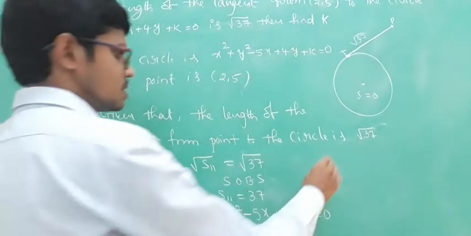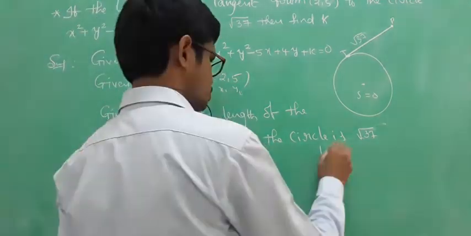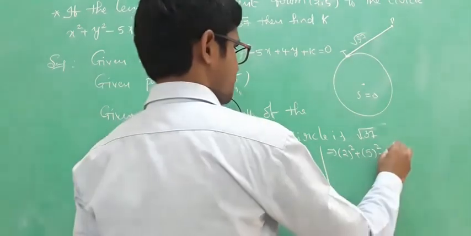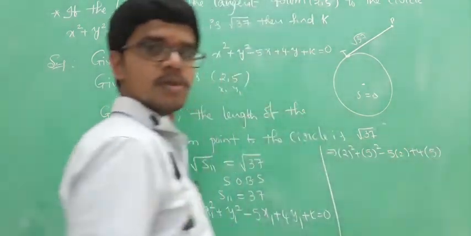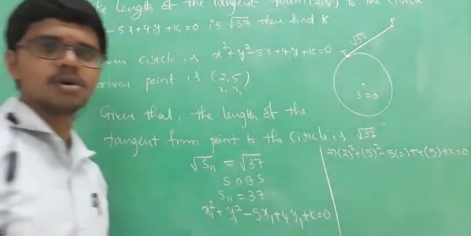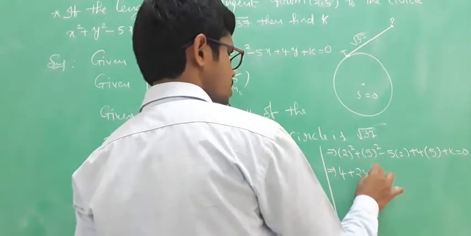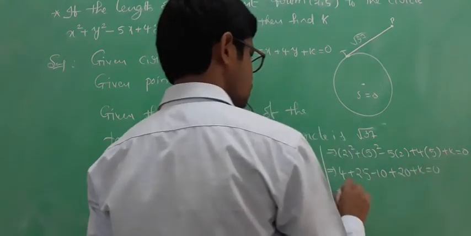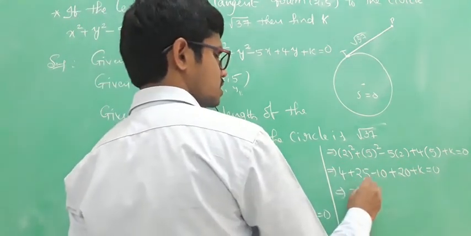So x1, y1 is (2, 5). So 2 square plus 5 square minus 5 into 2 plus 4 into 5 plus k. So 4 plus 25 minus 10 plus 20 plus k, which is 39 plus k.